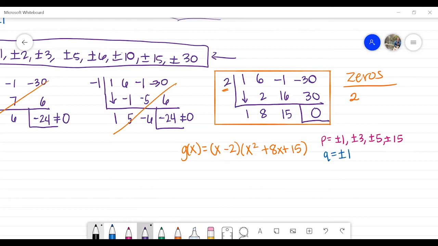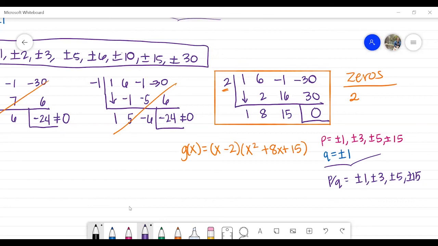So that means P over Q is that same list, 1, 3, 5, and 15. So you can kind of restart this, reboot it if you'd like, but it works just fine if you work off of your original list. We don't have to throw this original list away, okay?